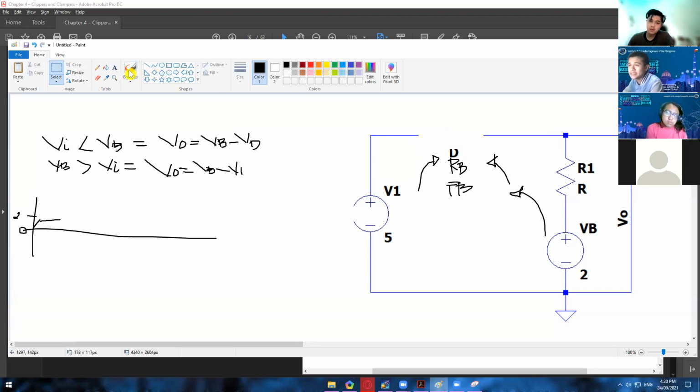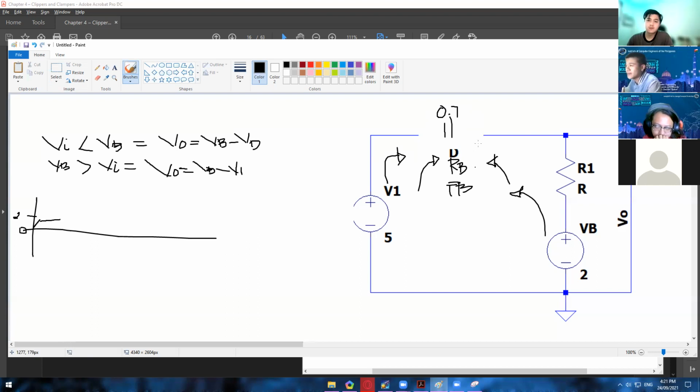And since it is not ideal, it is non-ideal of course, it has a negative and positive voltage source of 0.7. Okay? And at this point, our VI cannot flow since it is reverse bias.